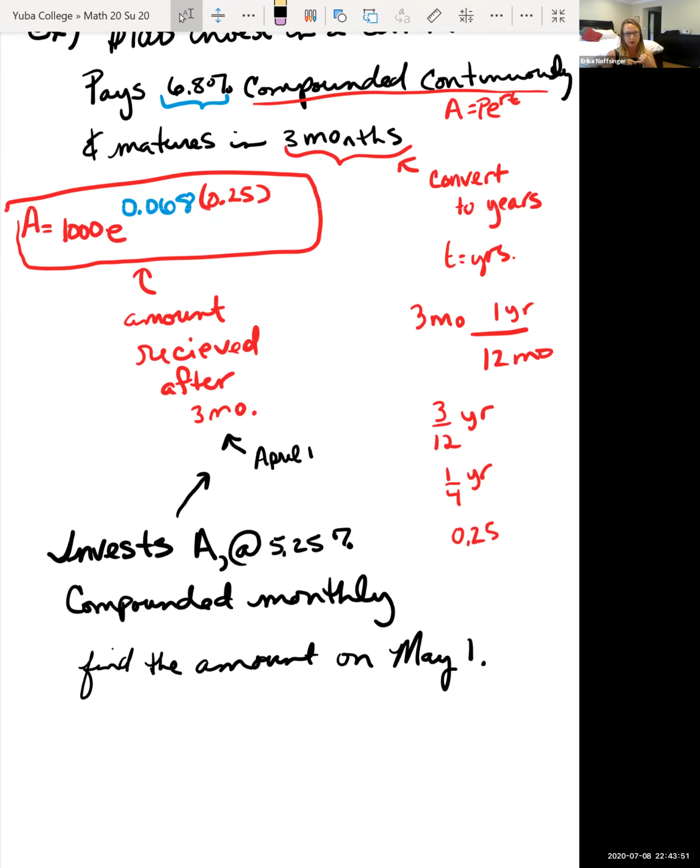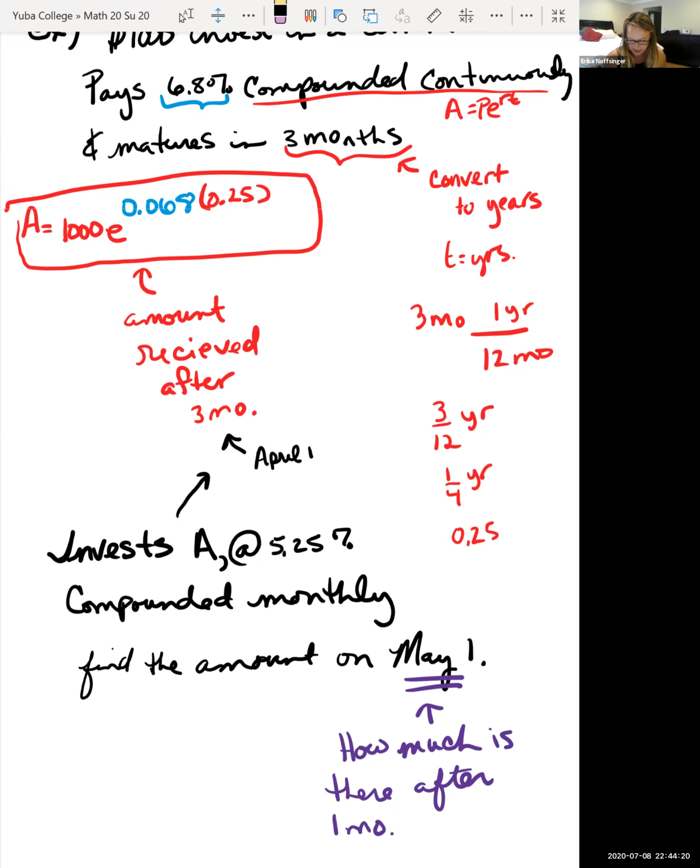April, May, well, I guess she only has 1 month in there. So how much is there after 1 month?